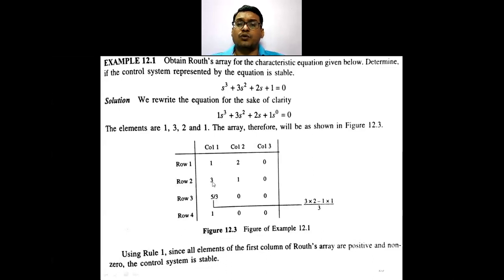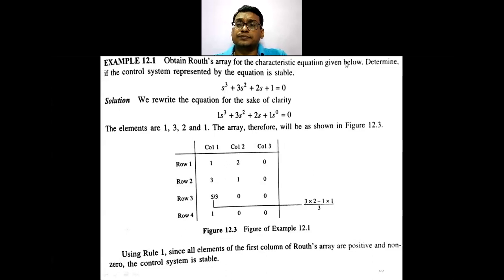Similarly, for B2, I can calculate 3 into 0, that is 0, minus 1 into 0, 0, so this also becomes 0. Then C1 is calculated by multiplying 5 by 3 into 1 minus 3 into 0 divided by 5 by 3. So 5 by 3 gets cancelled and it is 1.